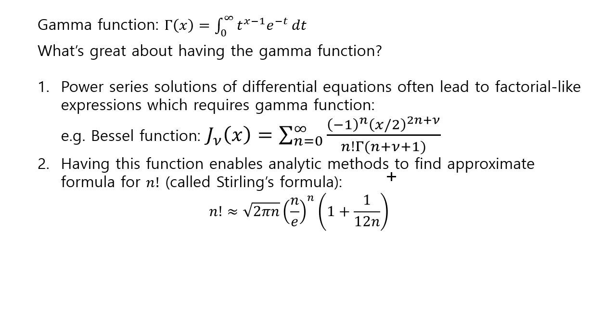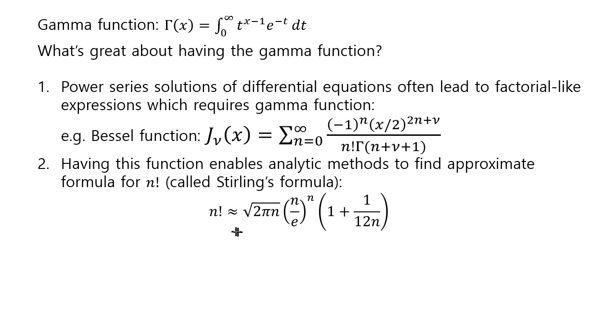Secondly, there is a way to use this integral representation to get the approximate value of n factorial, which is nice. It uses some complicated mathematics, but if you do, then you get this nice approximate formula: n factorial is similar to the square root of 2 pi n times n over e to the nth power times 1 plus 1 over 12n.